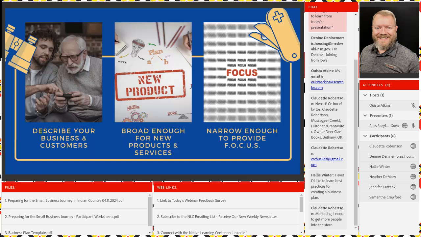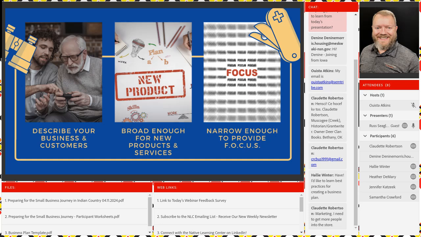You need to be able to describe your business and your customers. Your mission statement needs to be broad enough to cover new products and services. For example, you wouldn't want a mission statement that says, we make the best left-handed catcher's mitts in minor league baseball.